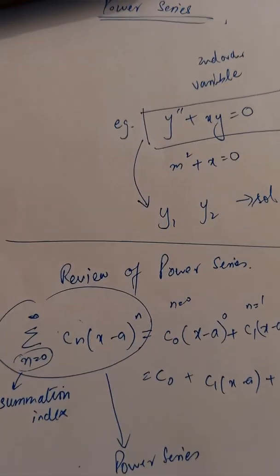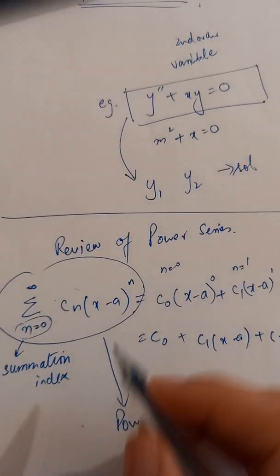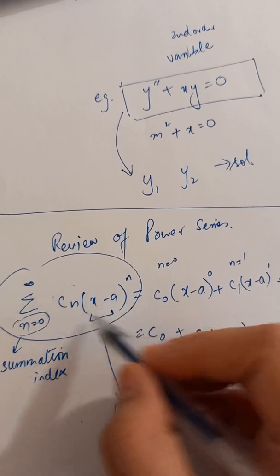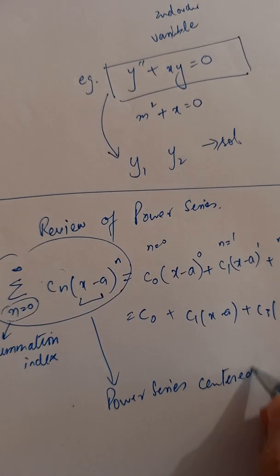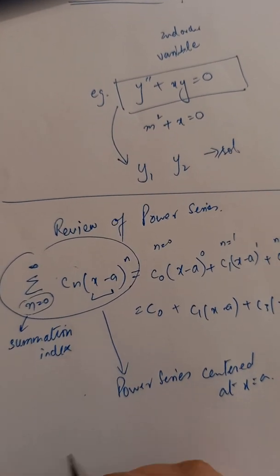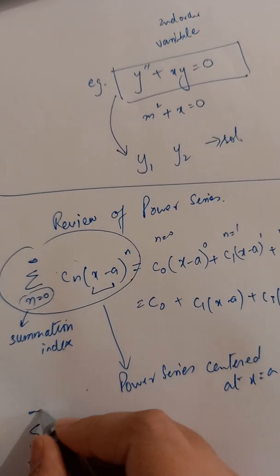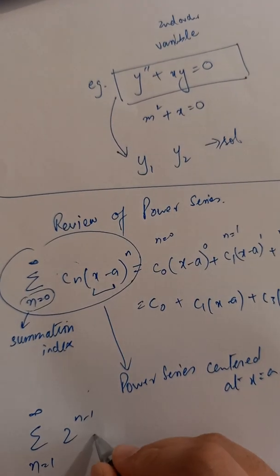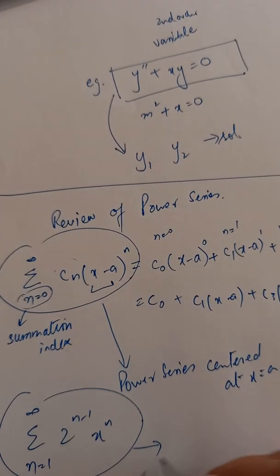power series. Okay, and because of this x minus a thing, this is called a power series centered at x equals to a, right? So if I write a summation, n equals to 1 to infinity 2 power n minus 1 into x power n, this is called a power series.